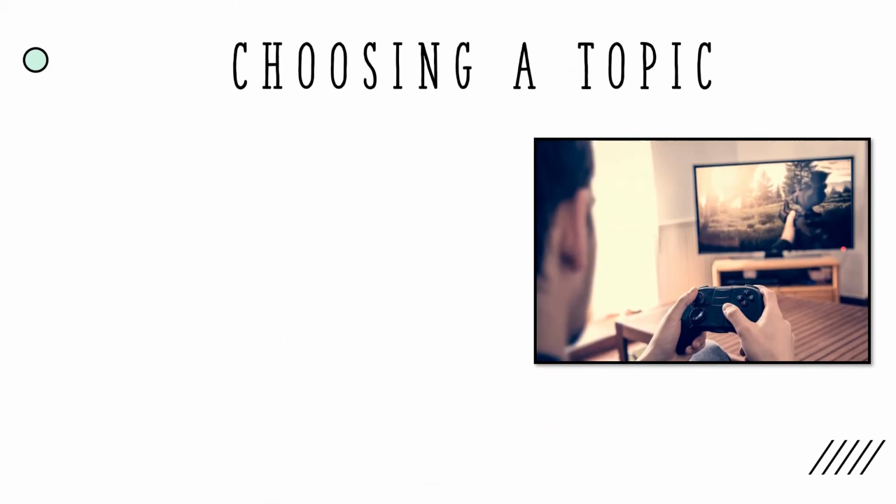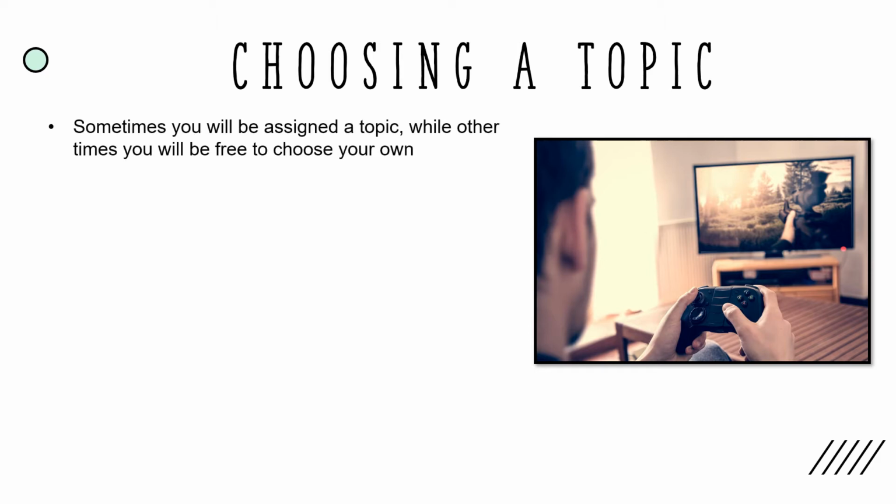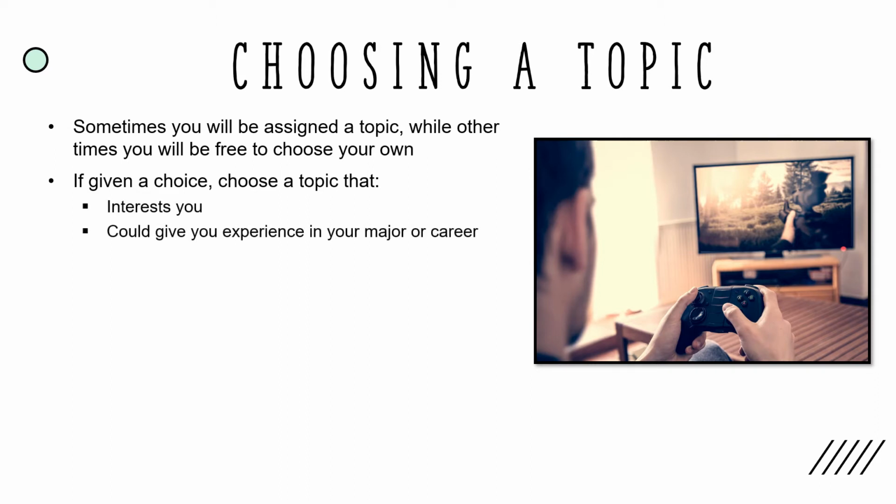After making your schedule, it's time to choose your topic. Sometimes you will be assigned a particular topic to write about, while other times you'll be free to choose your own. If given a choice, be sure to choose a topic that interests you, one that could give you experience in your major or career, or one that you feel passionate about.